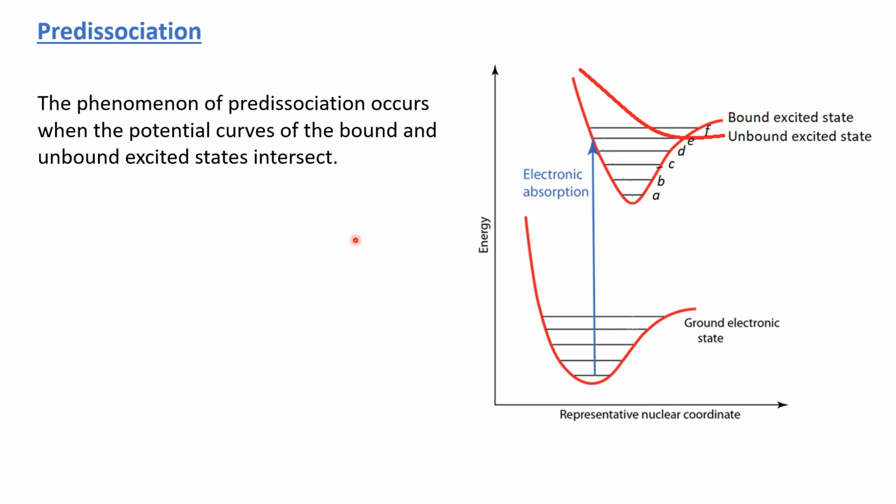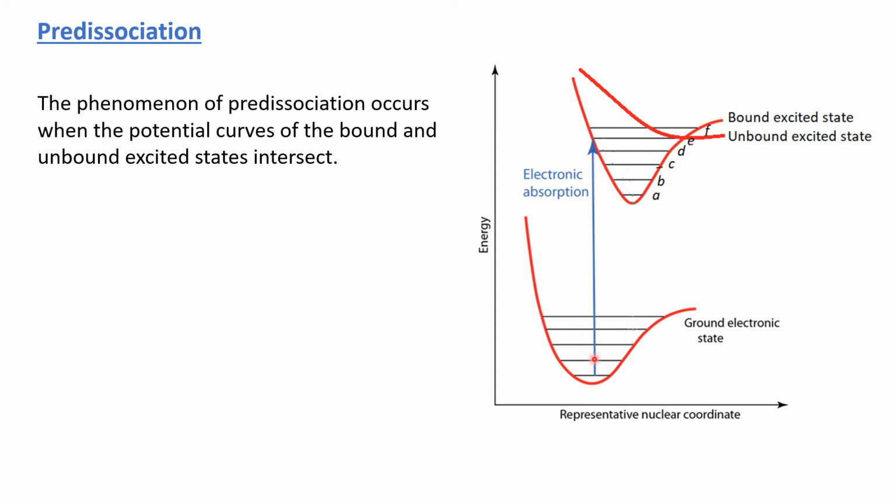We have another phenomenon of pre-dissociation, and the phenomenon of pre-dissociation occurs when the potential curves of the bound and unbound excited states interact. So this is the ground state, and these two are the excited states. This one is known as the bound state, and this one is known as the unbound state.